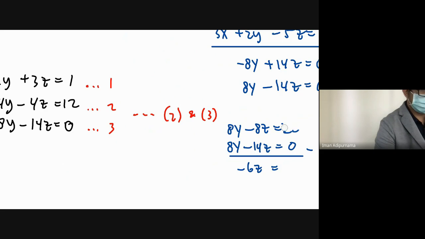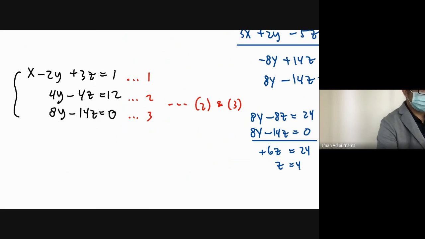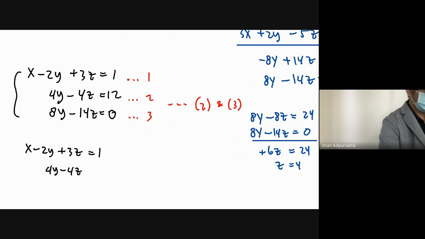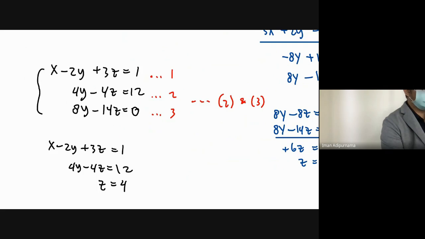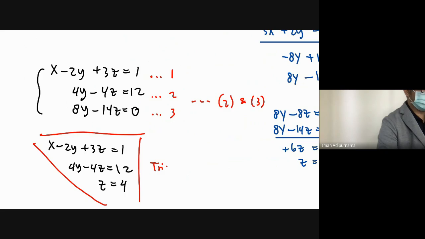Sorry, it should be 24. Plus this is 24. So z is 4. So we can write this. Okay. And now look at this form here. This is the triangular form.